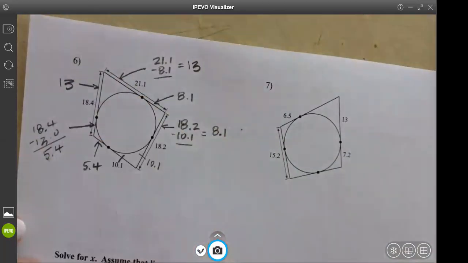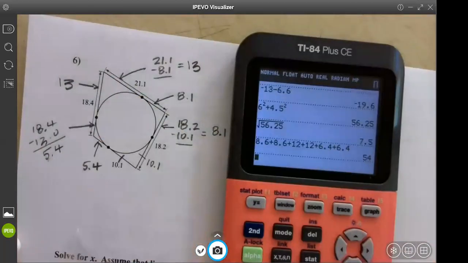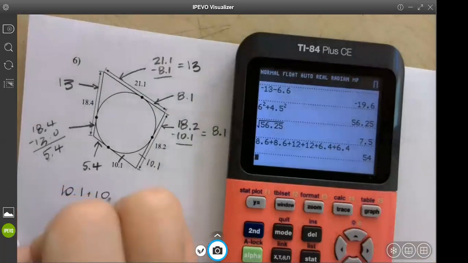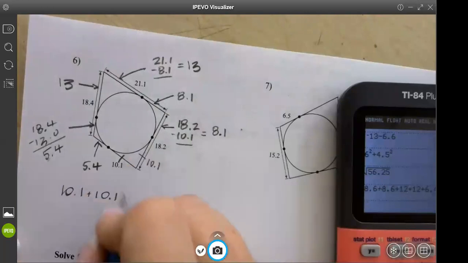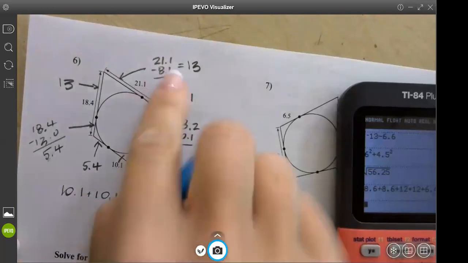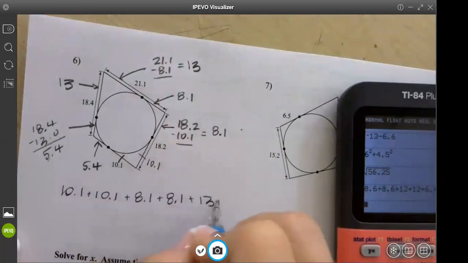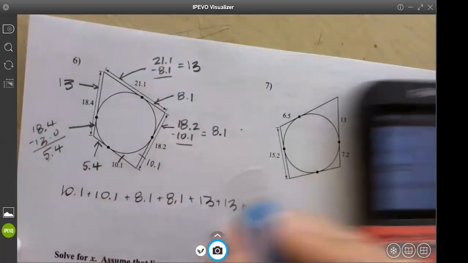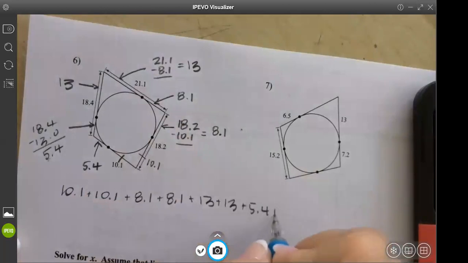Right. So then we just go around. I'm gonna start where I started at the beginning of the problem. I have two 10.1s. And then I got 8.1, so I have two of those. And then I got a 13, so I have two of those. And then I got a 5.4, and I have two of those.